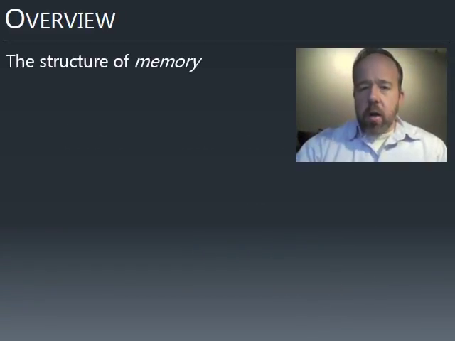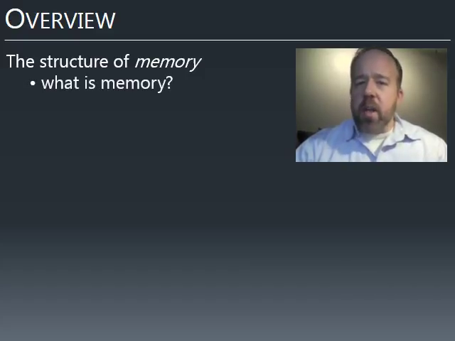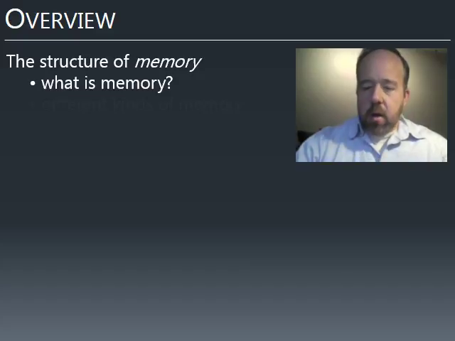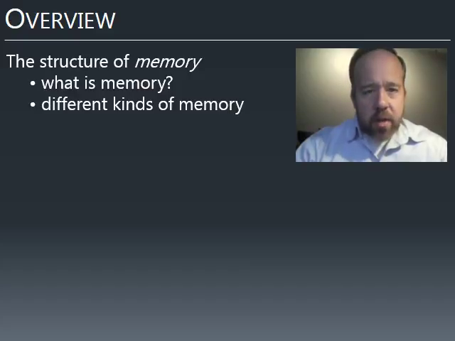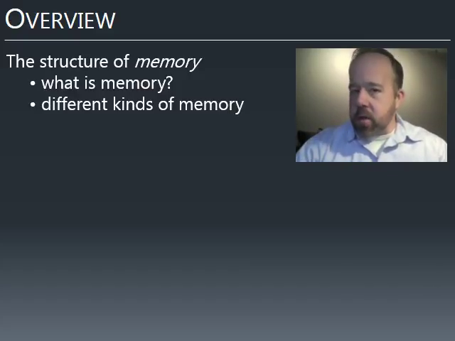So for memory, we're going to first ask, what is memory? How is it different from learning, for example? And as we'll see, there are different kinds of memory. There are also different processes that memory uses. We tend to think of memory as one sort of unified concept or one kind of unified function, but it has different components to it.